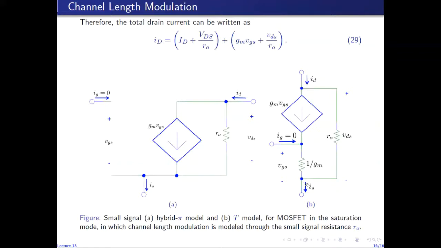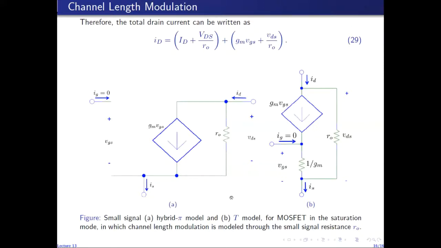And the total drain current is equal to the total source current, because the current through 1 over GM is actually VGS over 1 over GM, which gives us GM VGS again. So this current is GM VGS. This current is VDS over R naught. So the sum of these two currents, which is equal to the drain current, is also equal to the source current. So again, this model is in compliance with this new small signal component of the drain current.